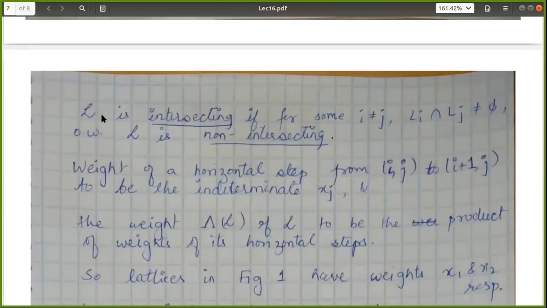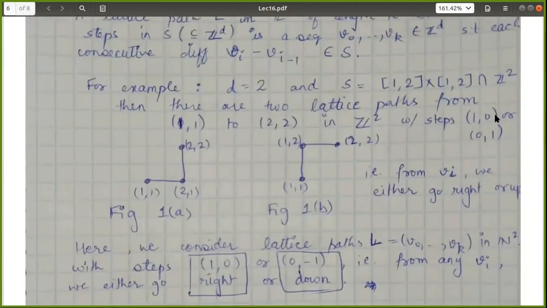You will call an n-path L intersecting if for some distinct i and j, the two lattice paths intersect. Here, if I have taken this and this to be my lattice paths, then certainly they intersect. Where? Here and here, correct? (1,1) and (2,2) are common points to both lattice paths.